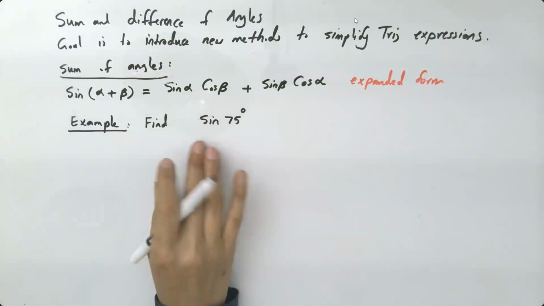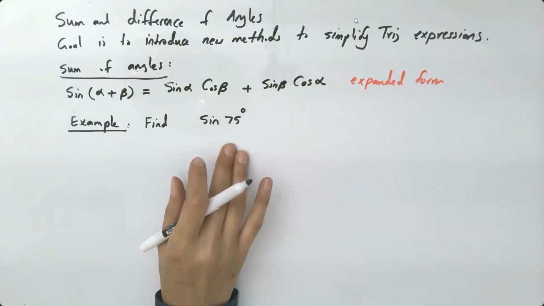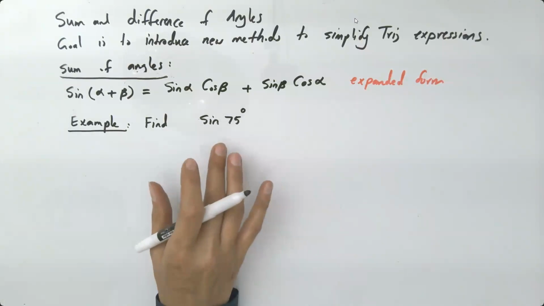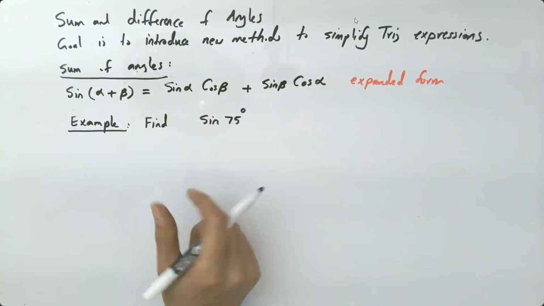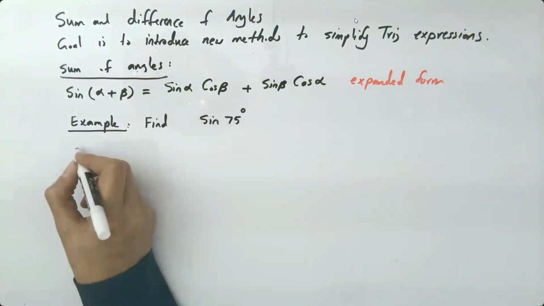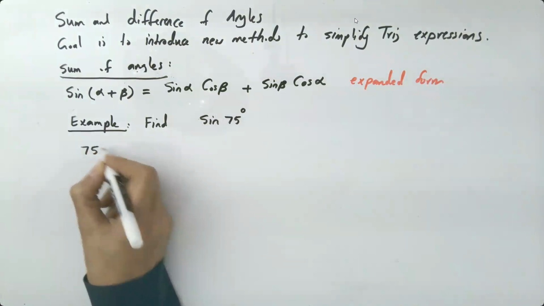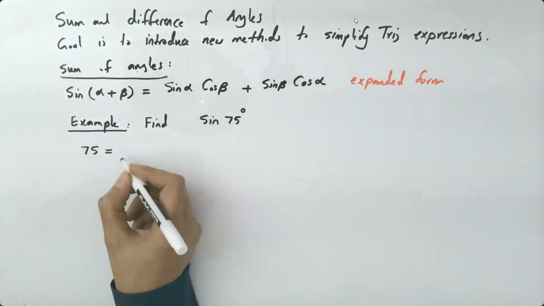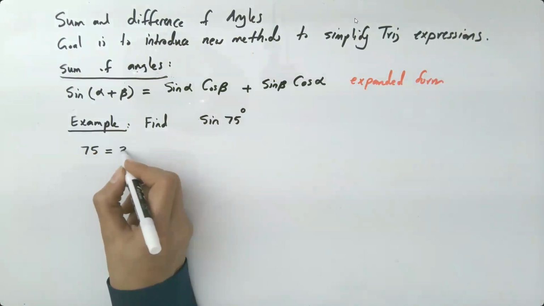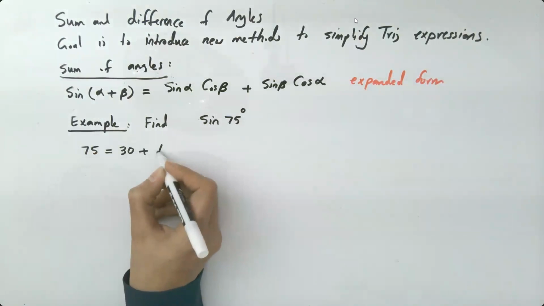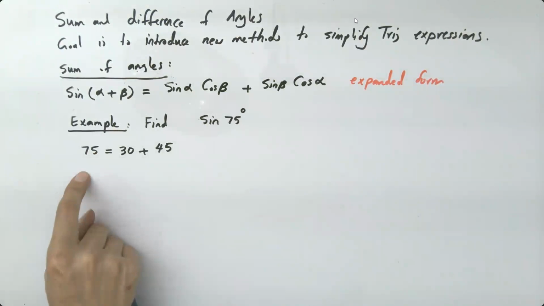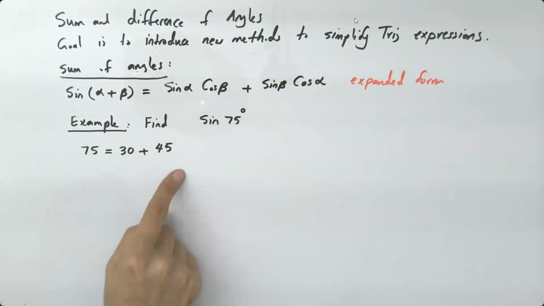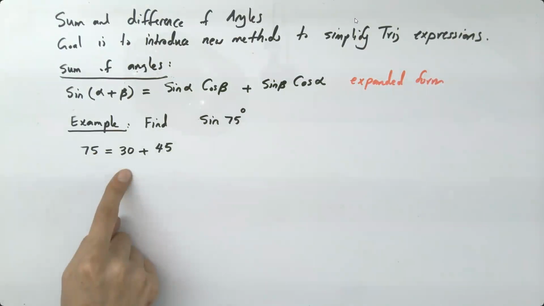Okay, very well, sine of 75 degrees. How should I handle this? 75 degrees, from algebra, 75 can be written as 30 plus 45. Right. So we divide up 75 into the sum of two known angles.